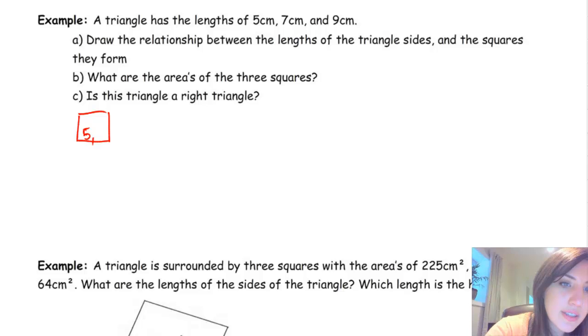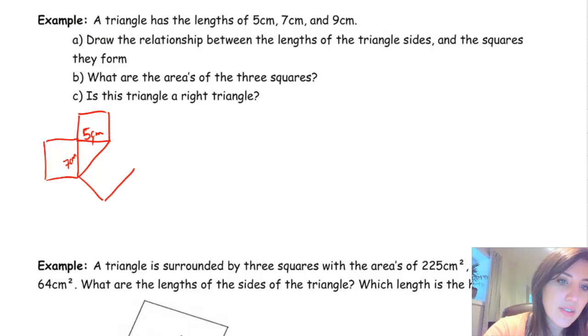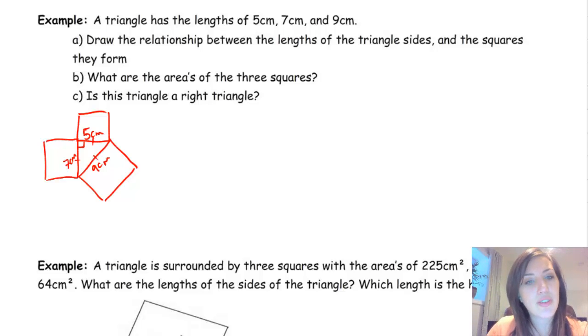The next one, let's maybe draw over here, a little bit longer, 7 centimeters. And then here, this one's a little bit longer still, 9 centimeters. So here's our triangle. It's a right triangle. Then the three squares form around there, and each square has a length of either 5, 7, or 9.